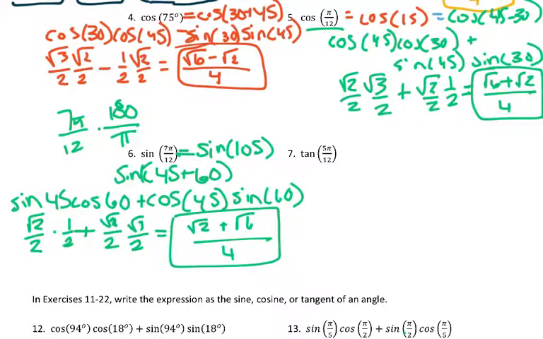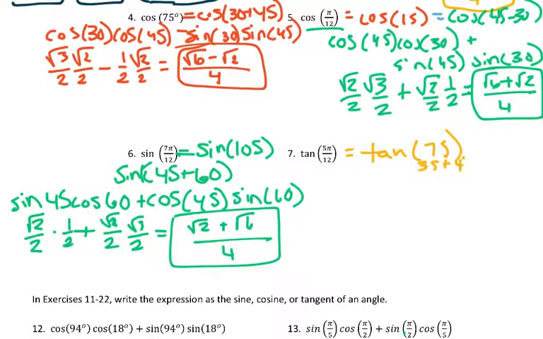Alright, and now we'll do tangent, which of course changes everything up, but 5 pi over 12 can be converted. So we'll have 75 degrees instead. And again, I'll make that 30 plus 45.